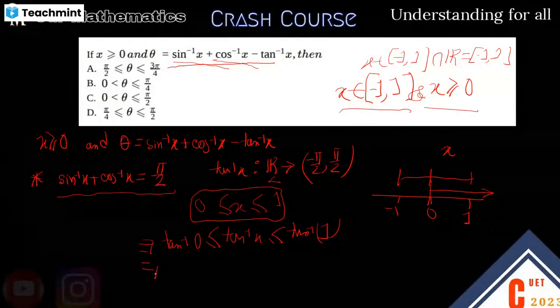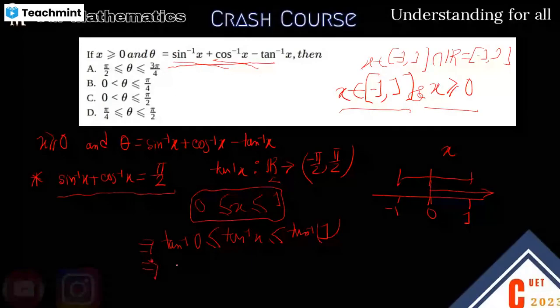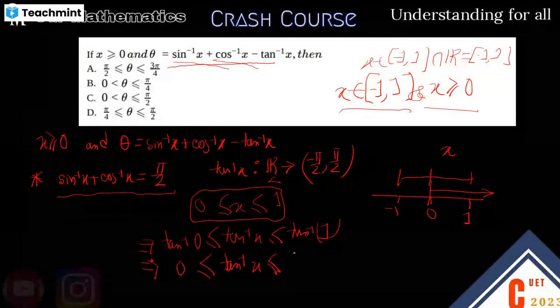That means tan inverse 0 is 0, tan inverse x is as given, and tan inverse 1 is pi by 4.